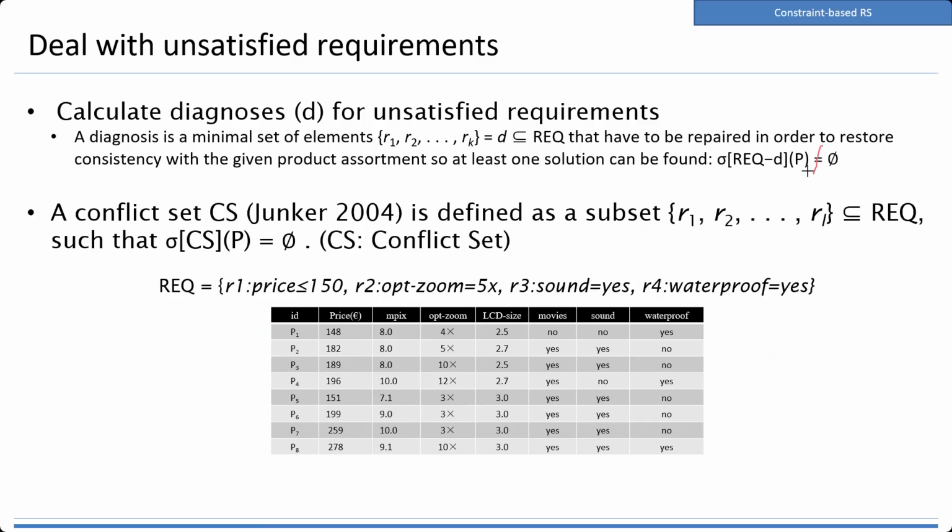Should not be empty means there should be at least one solution. If the solution is empty, then it is still unsatisfied. So at least one solution can be found.